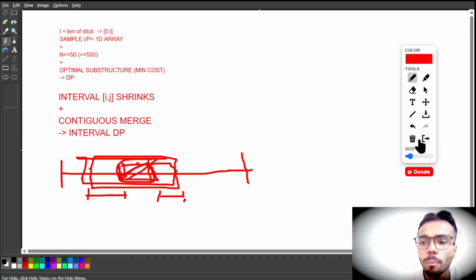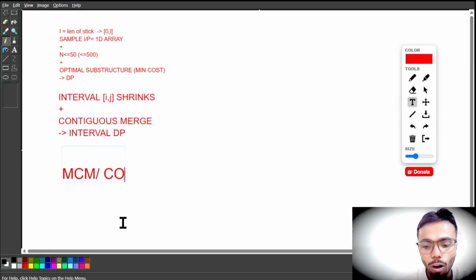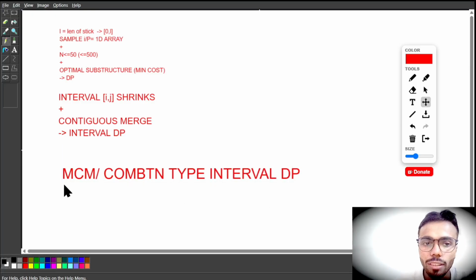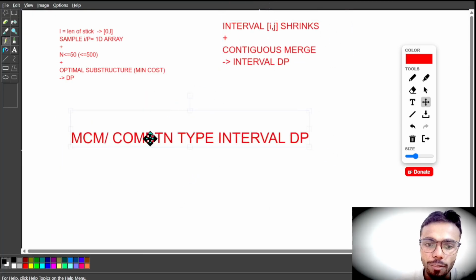Since I need to combine this portion, I can safely verify that this is an interval DP of type matrix chain multiplication, MCM, or combination type interval DP, right? Yes, it is of matrix chain multiplication combination type interval DP. Fine. So these are the things I got to know from the question.